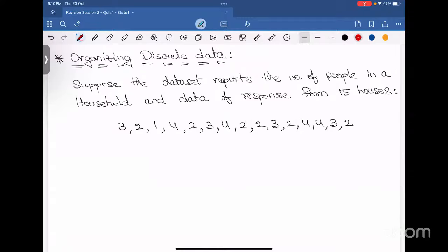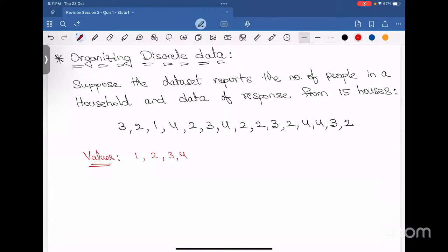I'll see what all values are there in the data set. The values are 1, 2, 3, 4. So there are 4 values.